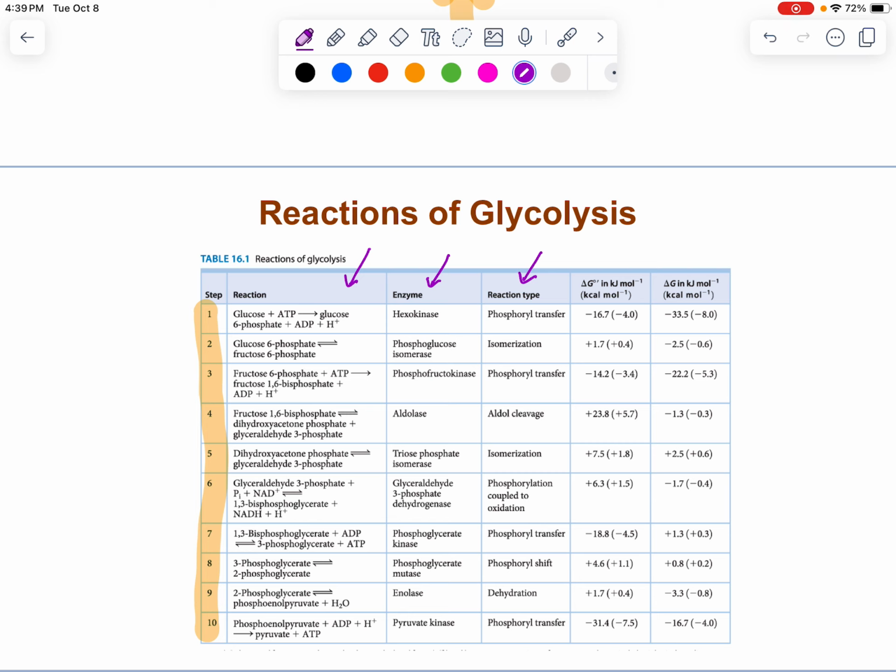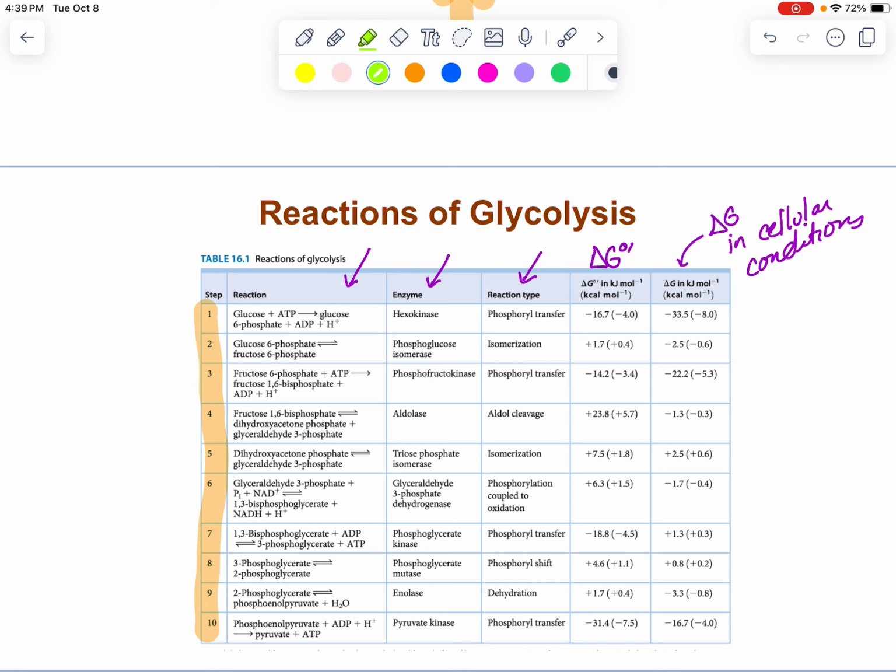So here is my standard Gibbs free energy change for the reaction. And here is delta G in cellular conditions. So remember, the standard would be with all the concentrations 1 molar, and at pH 7, that little prime symbol there. Cellular conditions, and y'all, it can make a big difference.